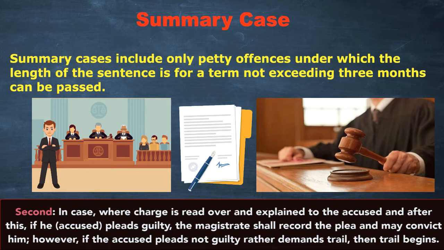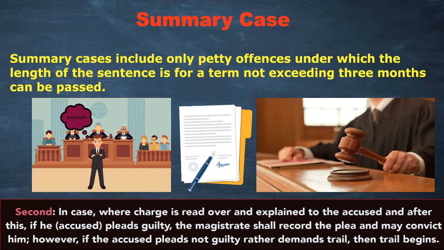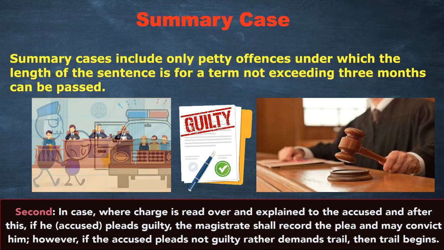So what is the second possibility? The second possibility is when the accused is standing in front of the magistrate or judge, he will be explained the charge imposed on him. After listening to that, if the accused accepts the charge or pleads guilty, then the magistrate will simply convict him.